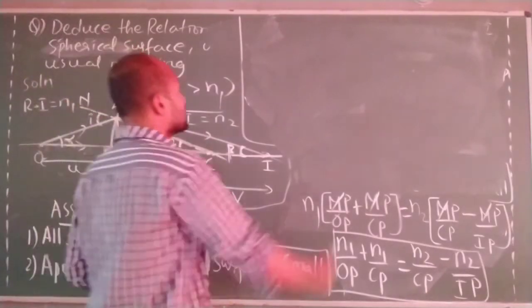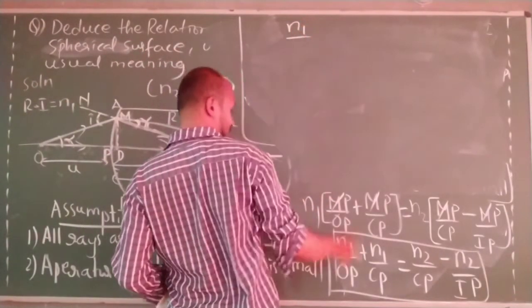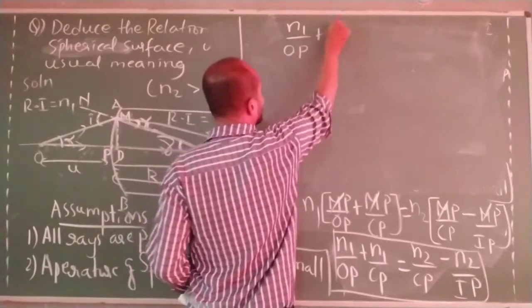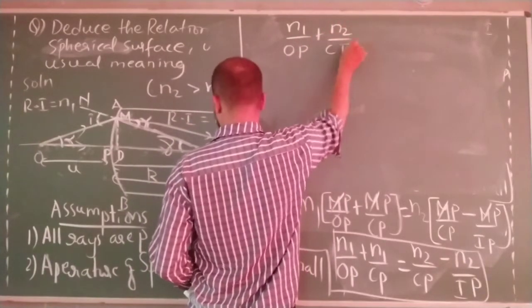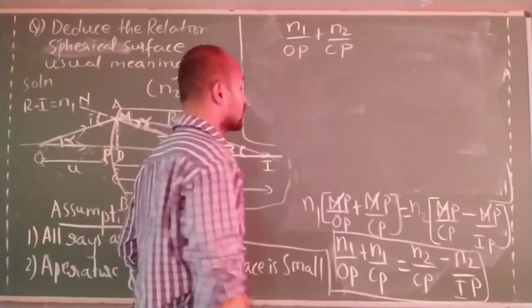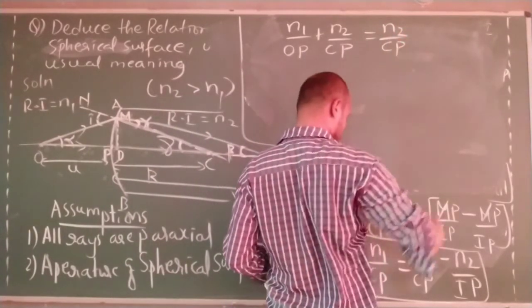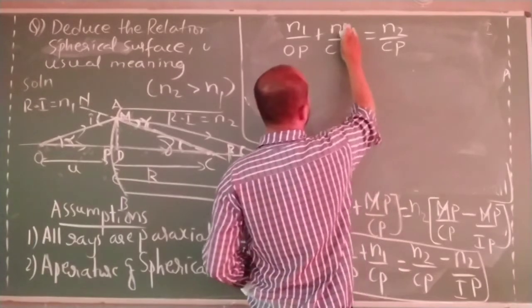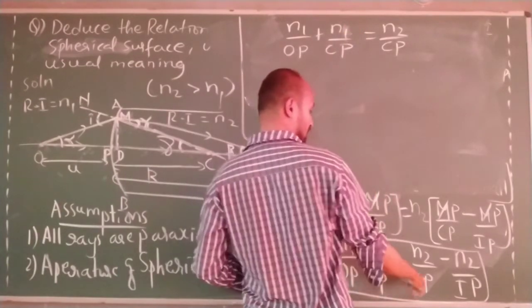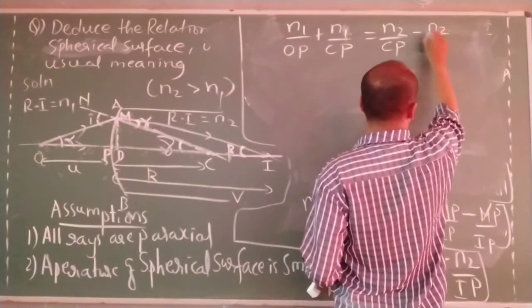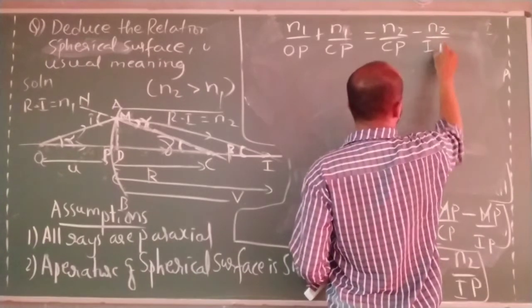N1 by OP plus N1 by CP, sorry, this is N1 by CP, is equal to N2 by CP minus N2 by IP.